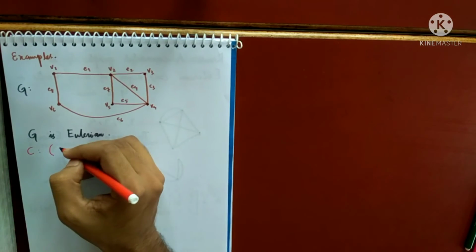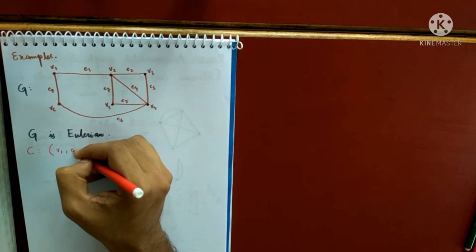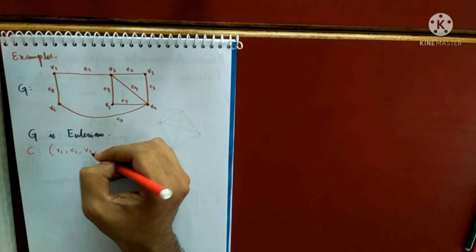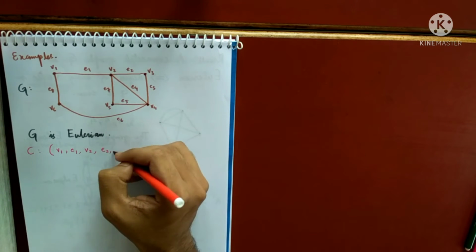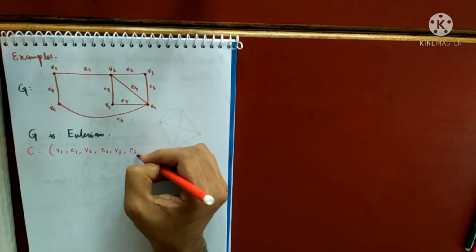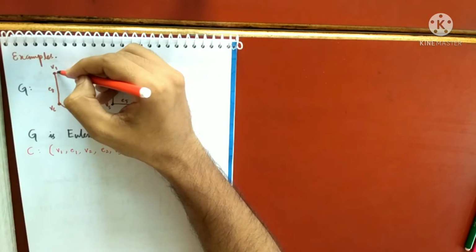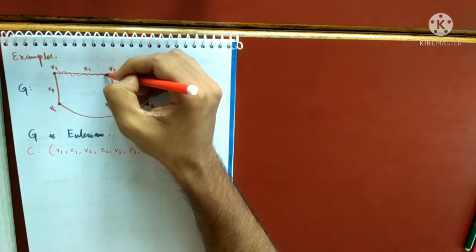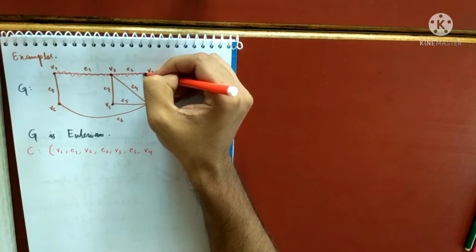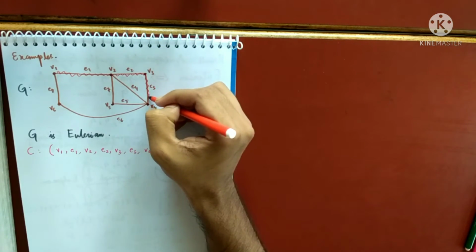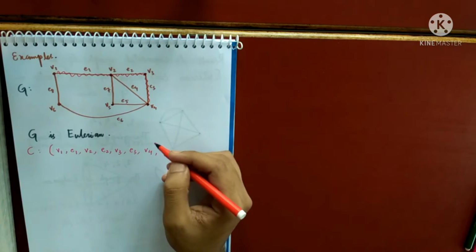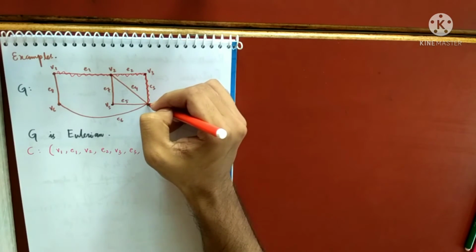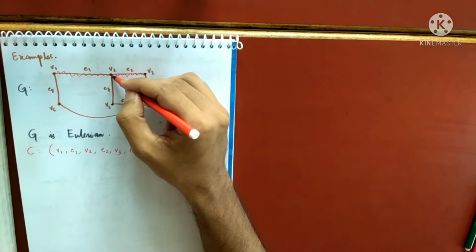Consider this circuit C. I'm starting from v1, going through e1, then v2, then e2, then v3, then e3, then v4. So I have traveled like this, and I reached here. Now let me go like this. The vertices can be repeated.